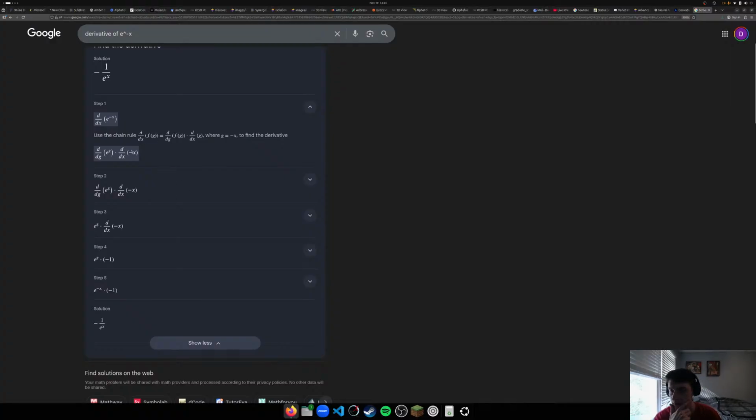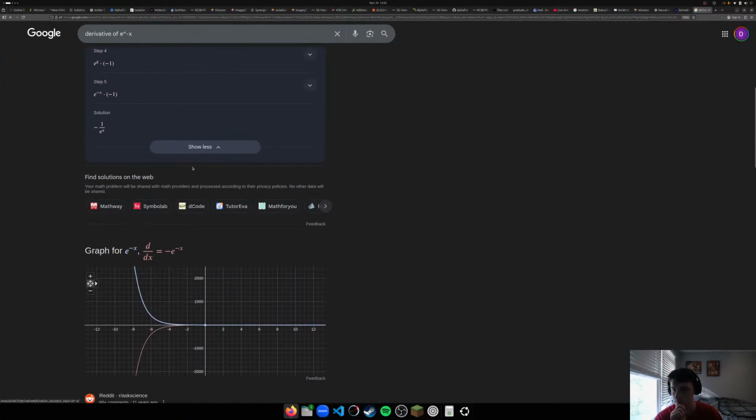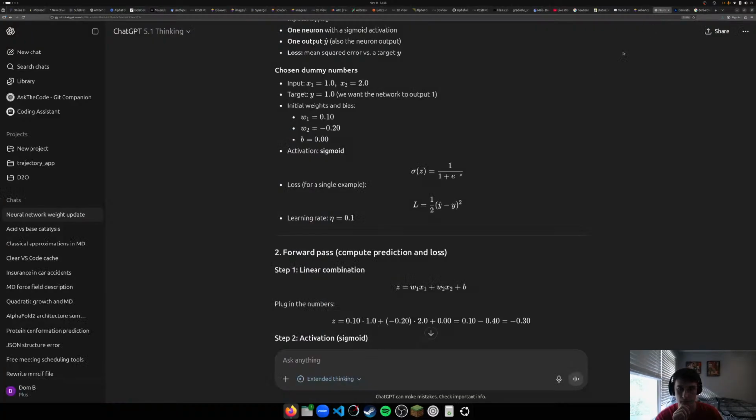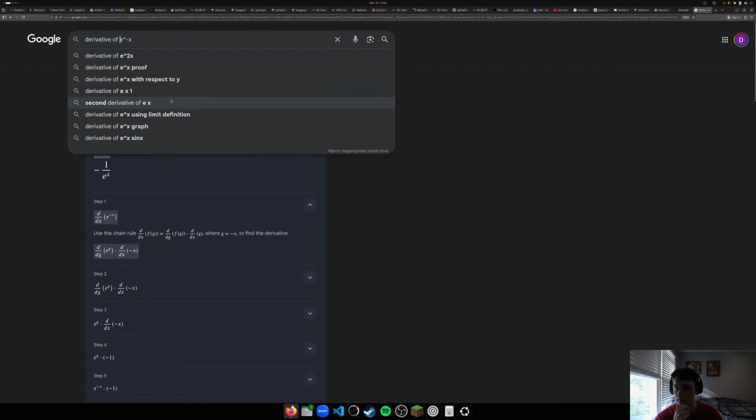It's a function within a function. One plus e to the negative x.